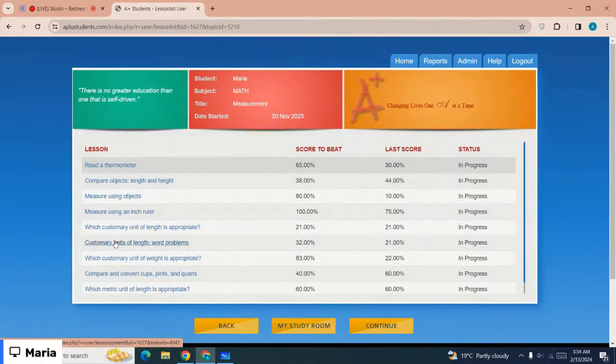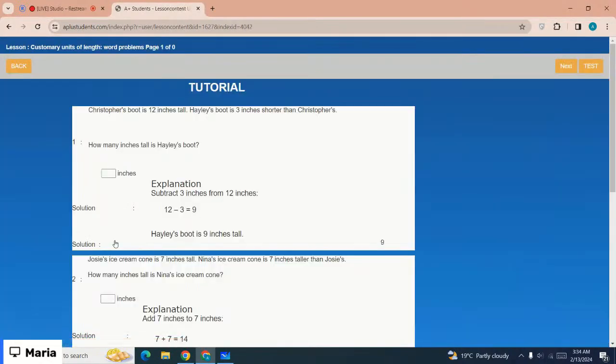Customary units of length word problems. Christopher's boot is 12 inches tall. Halle's boot is 3 inches shorter than Christopher's. So basically, you are given the length of Christopher's boot, 12 inches tall, and Halle's boot is 3 inches shorter, right?